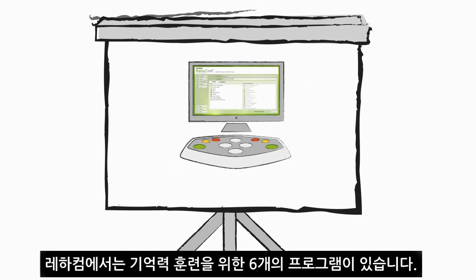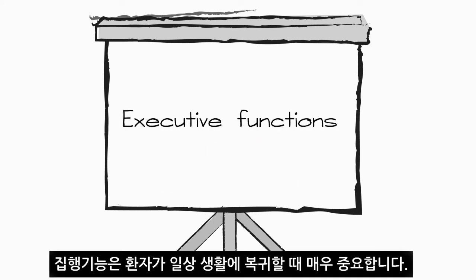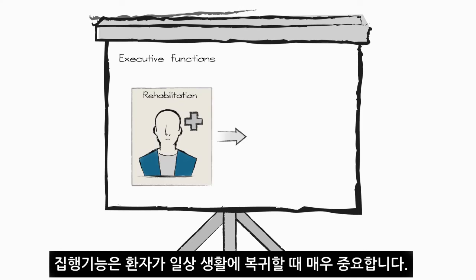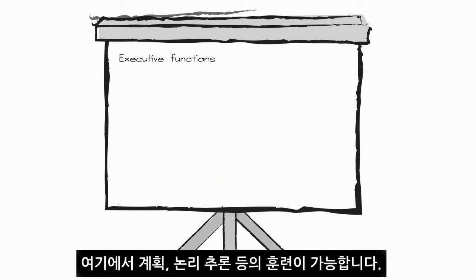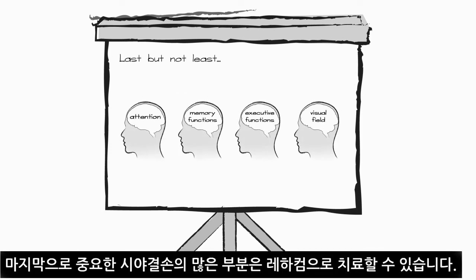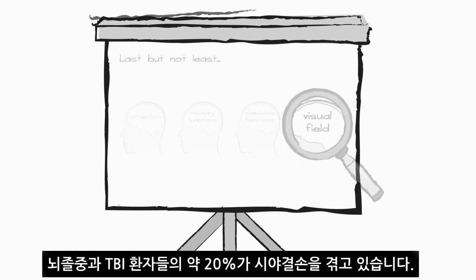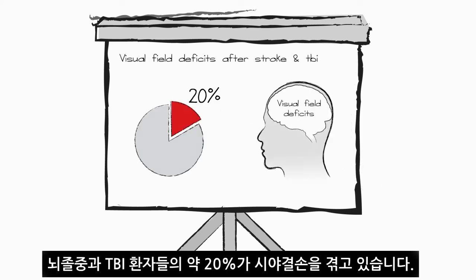In RehaCom, you will find 6 modules for memory therapy. Executive functions are important for the patient's return to daily life. Here, abilities like planning and logical reasoning are trained. Last but not least, visual field deficits can be treated with RehaCom. Approximately 20% of stroke and TBI patients suffer from a visual field loss.